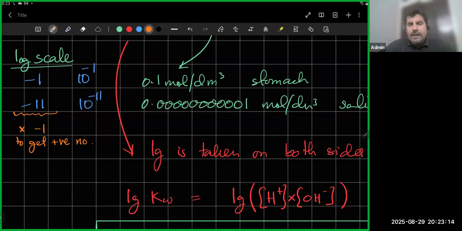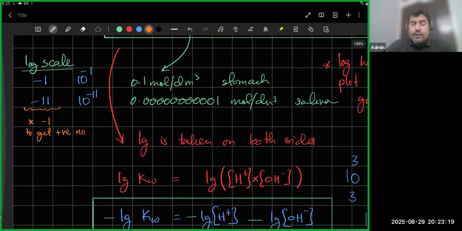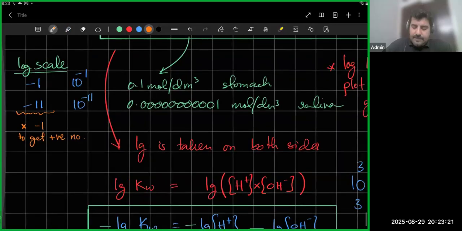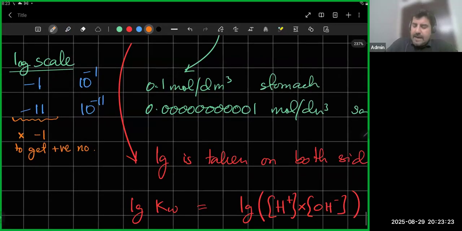But that is going to lead to a problem. And the problem is that it's going to invert the log scale. पहले क्या था कि if you hadn't multiplied it by -1, this was actually a higher concentration. -1 was actually the bigger number, right? This was a smaller concentration. -11 was actually a smaller number, right? Achha, so -1 was actually bigger than -11, right?